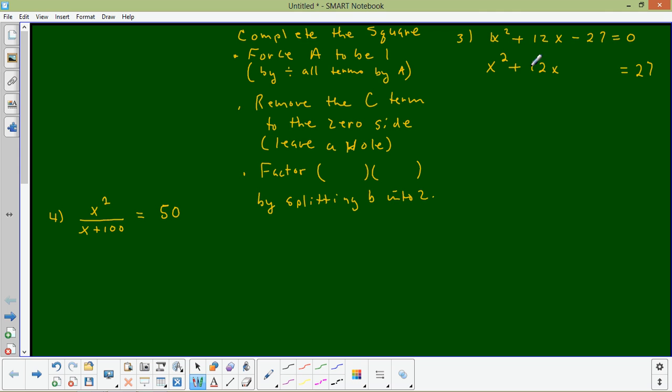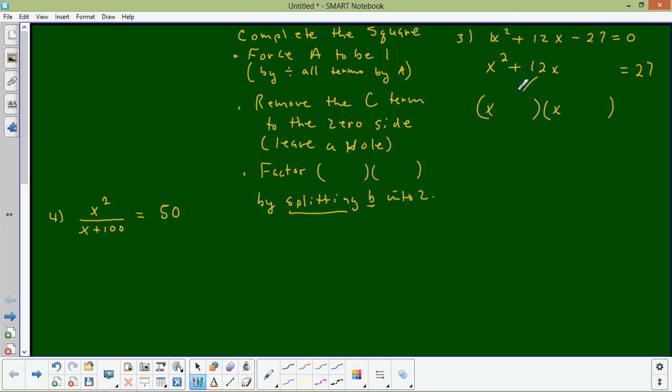So now that we have an A value that's 1, the beginning of this factorization is really simple. There's no confusion at all about it. It's going to have to be an X and an X right there. Make sense? And factor by splitting B. B is a plus 12. A is 1, B is 12, C is minus 27, the start of this thing.